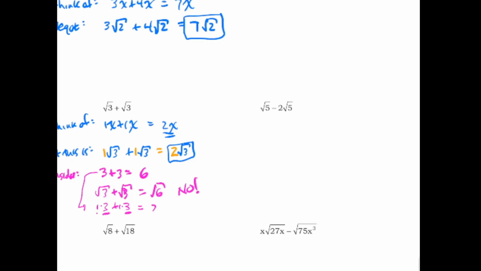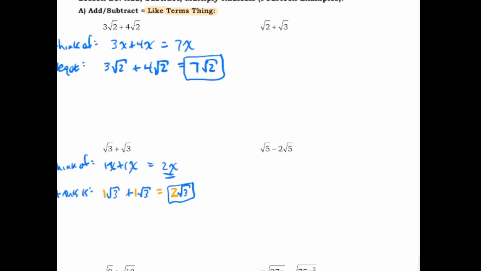So I got 2 times root 3. Now don't worry about that. It's not going to be on the test or anything like that. I throw that idea out there just because some of you are going to be curious. But as long as you get this like terms idea, that's the main thing.